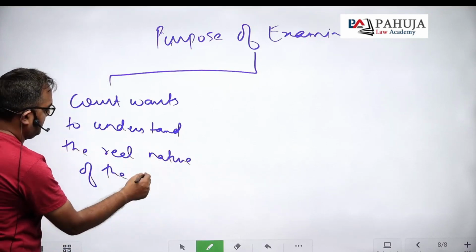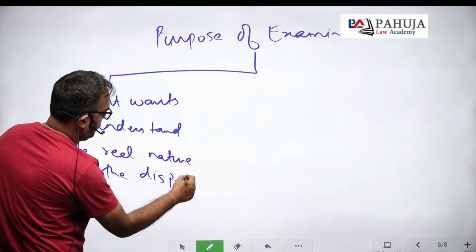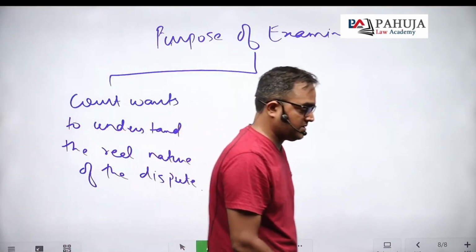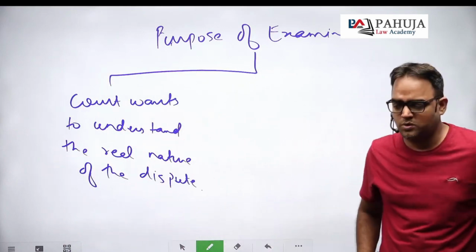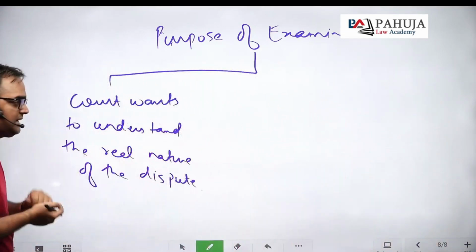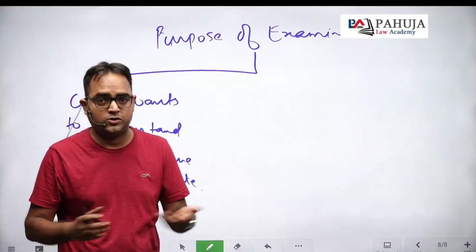Right? The language that has been used in order 10 rule 1 is with a matters to elucidate further in the controversy, elucidate controversy in the suit. So वो language you use है, but the language means the court wants to understand the real nature of the dispute, कि actually इनमें problem क्या है.